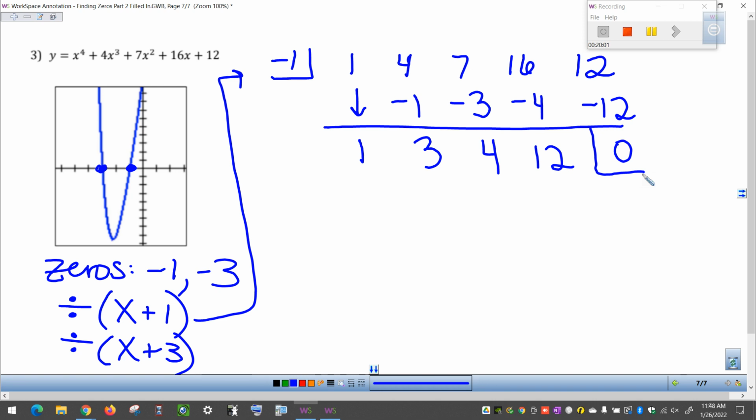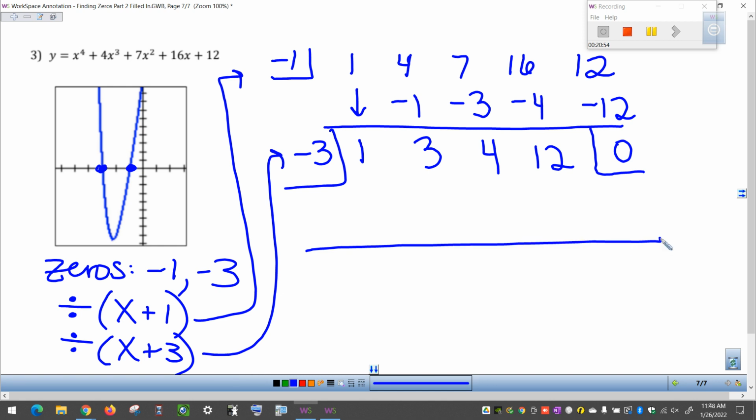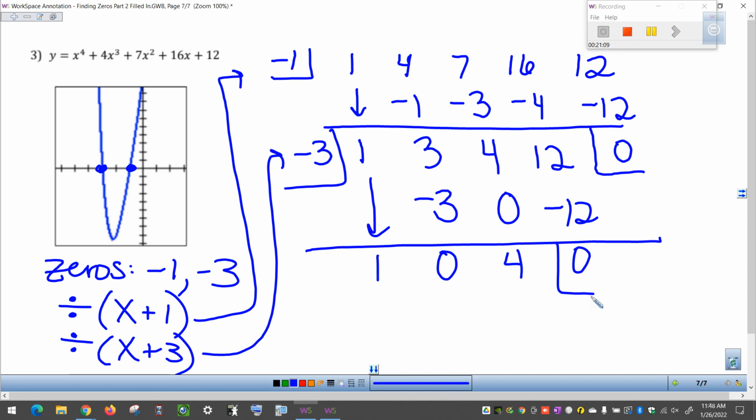So we're going to take this polynomial answer and divide that by x plus 3. So what we can do is put our -3, the number in the little corner box, just put it right next to this 1 right here. And we're just going to go through this whole process one more time. We get a remainder of 0 again, which is good.